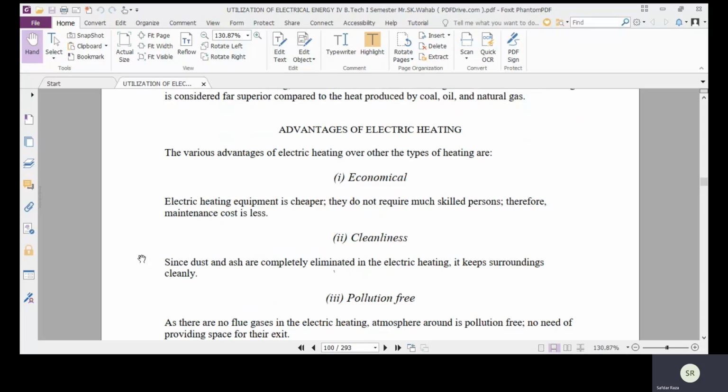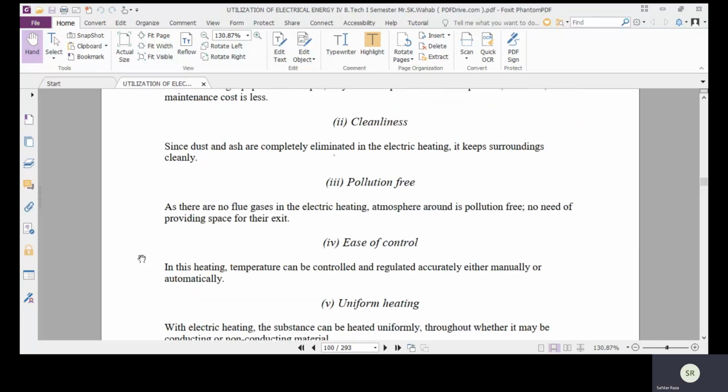Since dust and ash are completely eliminated in electric heating, it keeps the surroundings clean. The next one is pollution free. As there are no flue gases in electric heating, the atmosphere around is pollution free. No need of providing space for their exit.